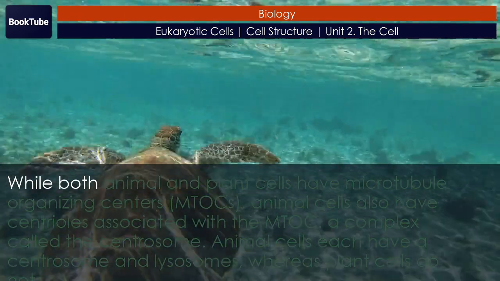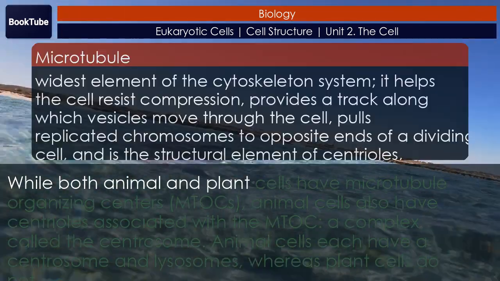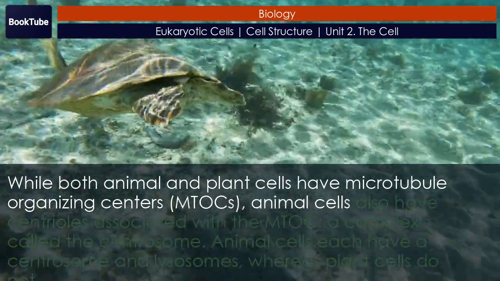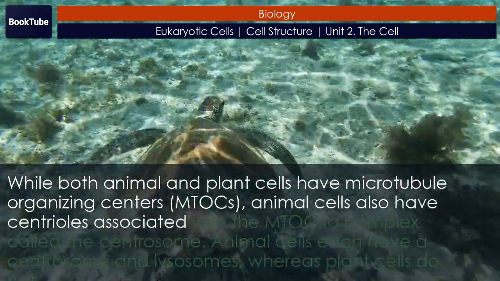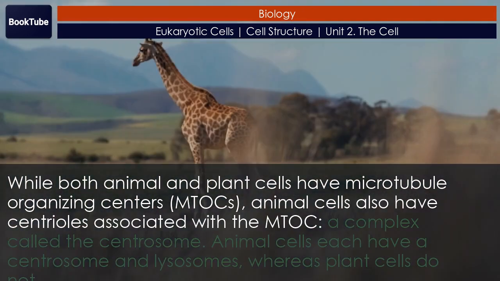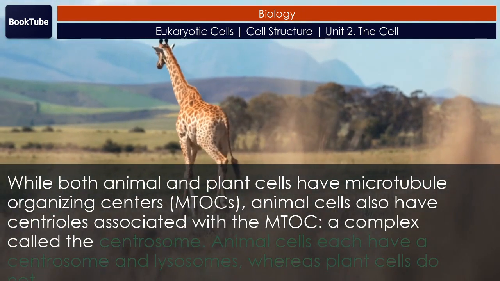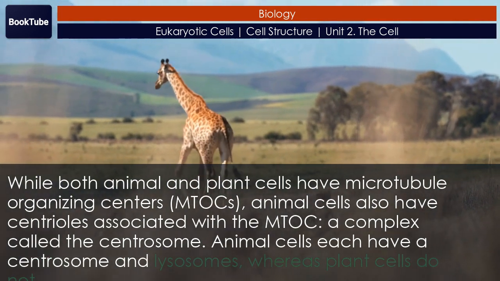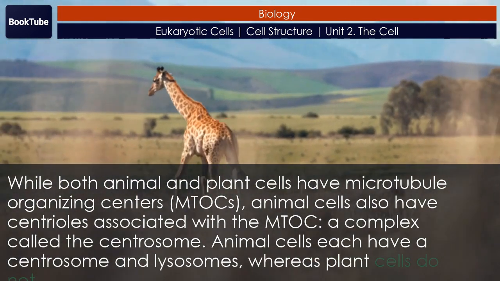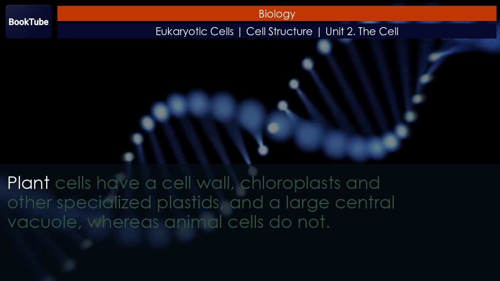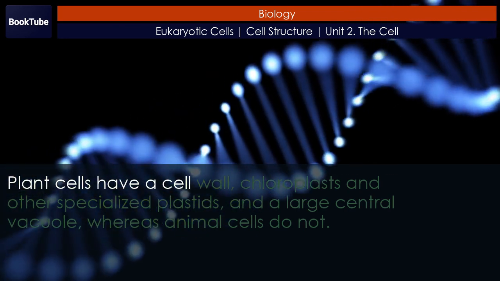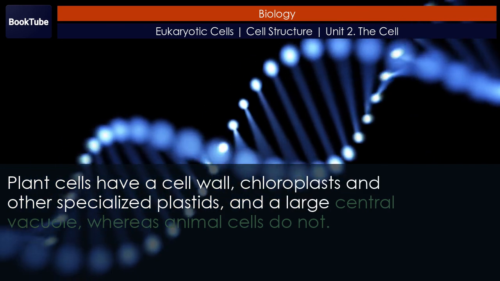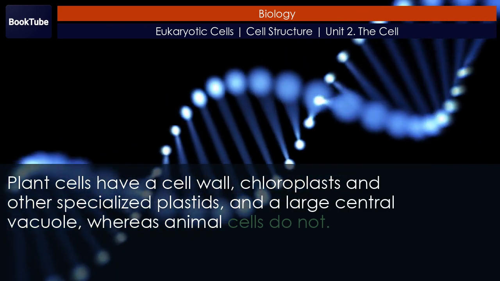While both animal and plant cells have microtubule organizing centers, MTOCs, animal cells also have centrioles associated with the MTOC, a complex called the centrosome. Animal cells each have a centrosome and lysosomes, whereas plant cells do not. Plant cells have a cell wall, chloroplasts and other specialized plastids, and a large central vacuole, whereas animal cells do not.